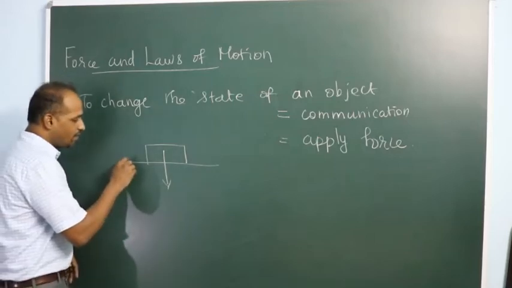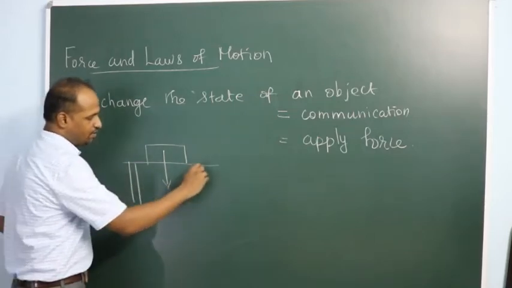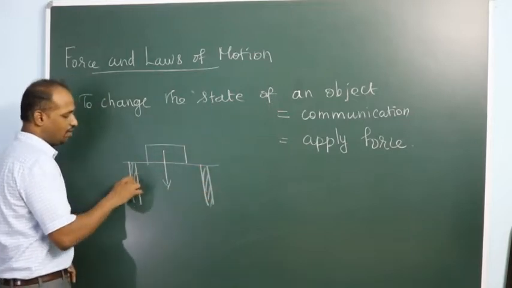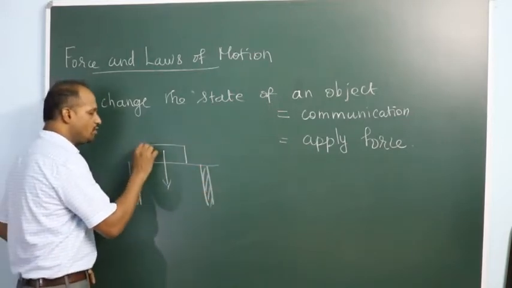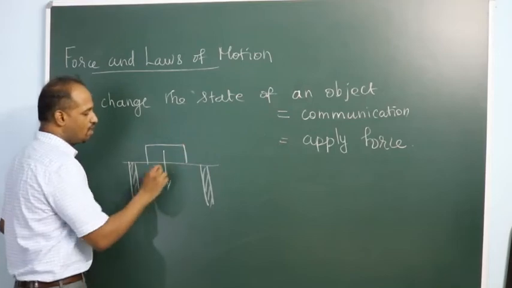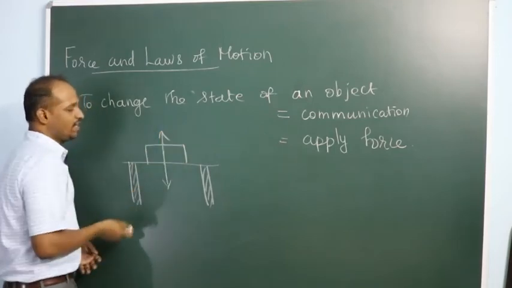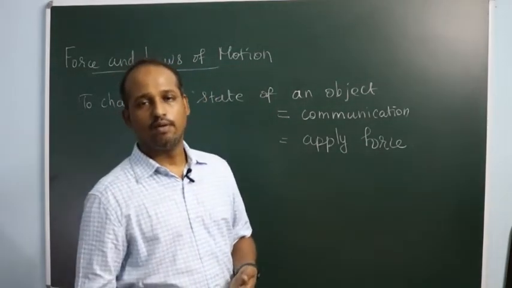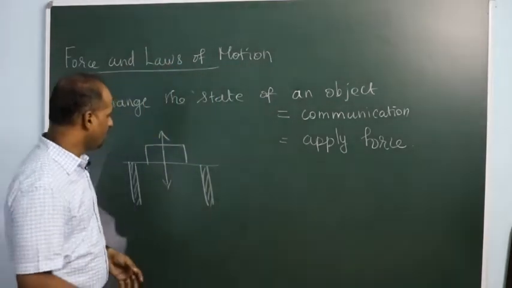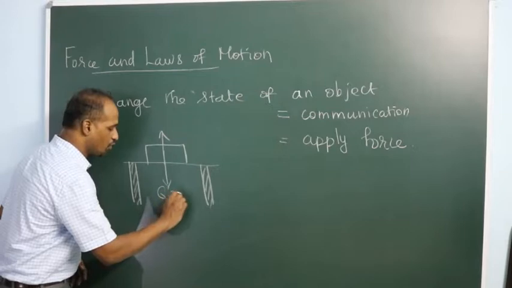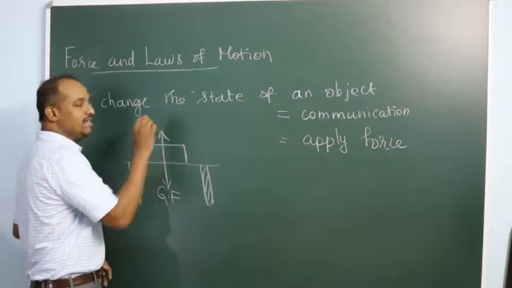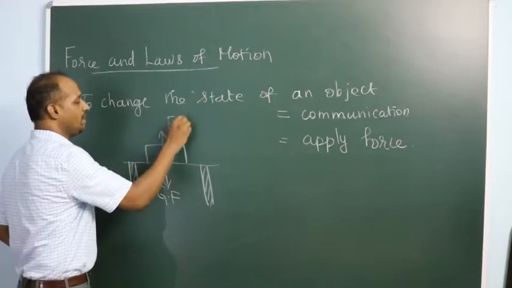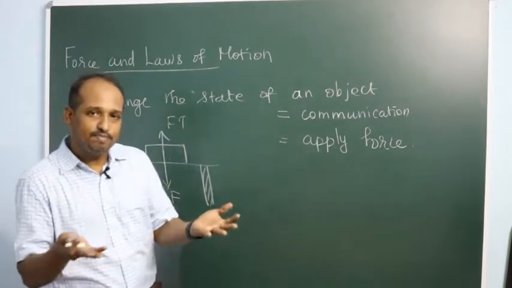Because the gravitational force may be acting in the downward direction, but the force from the table is balancing that gravitational force. That means the effect produced by the gravitational force is balanced by the effect of the force applied by the table. The force by the table on the object has balanced it.